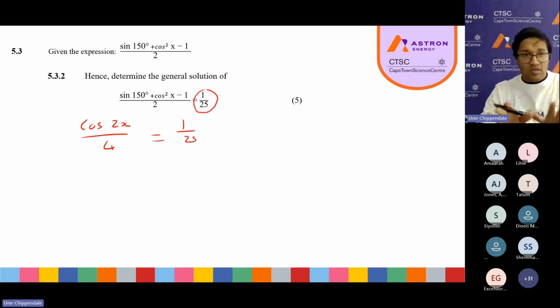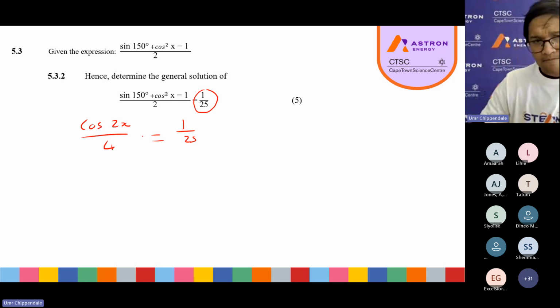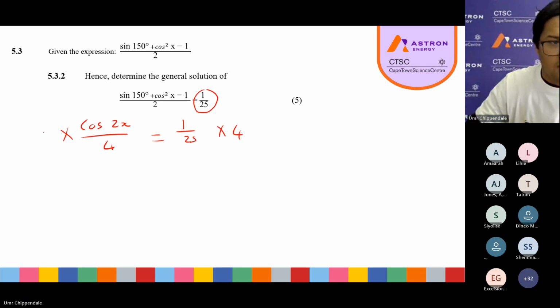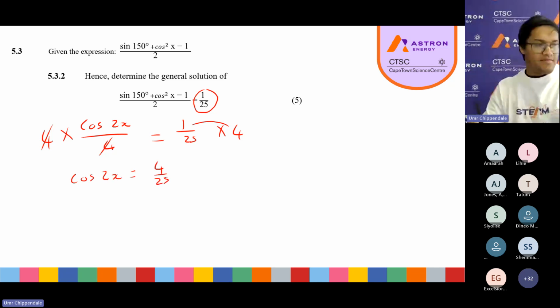So we multiply both sides by 4. That will cancel. This will be multiplied over as over 25. So therefore, cos 2x is equal to 4 over 25.